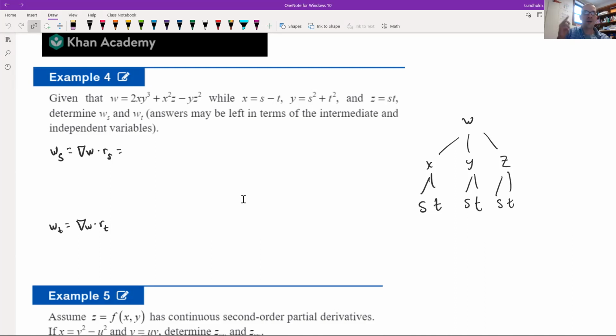All right. Gradient of W. It's going to be a vector full of partial derivatives. So that vector full of partial derivatives will be the partial derivative with respect to X in the first component, partial derivative with respect to Y in the second component, and partial derivative with respect to Z in the third component of this 3-component vector.